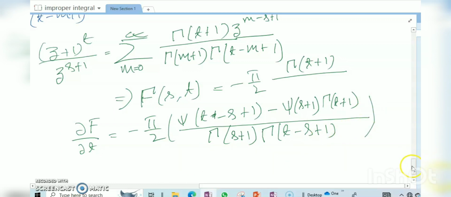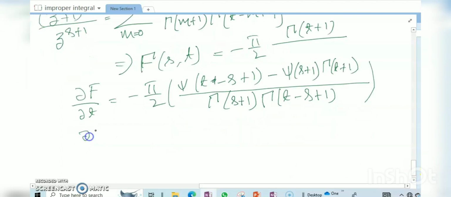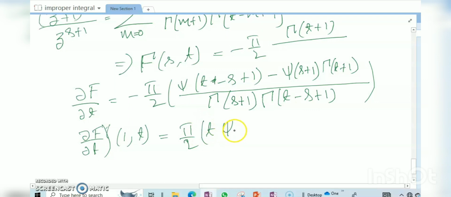And if the value is del f by del t, the value is 1 comma t, this value del f by del t. So I get pi by 2, t into digamma t. Okay, and gamma minus 1.